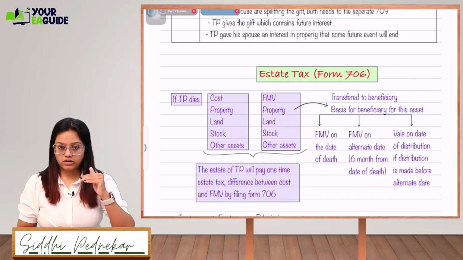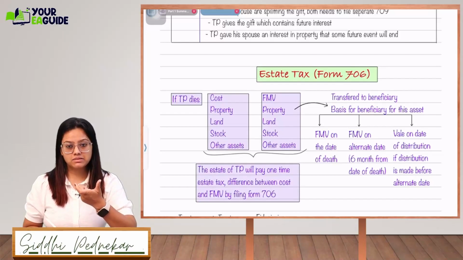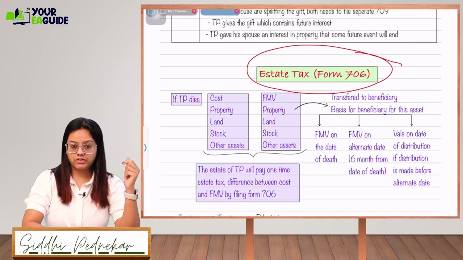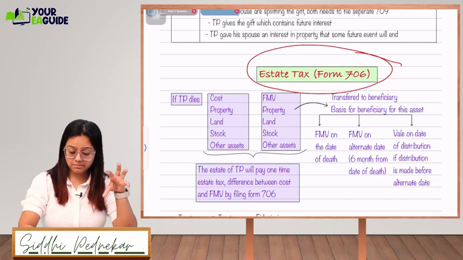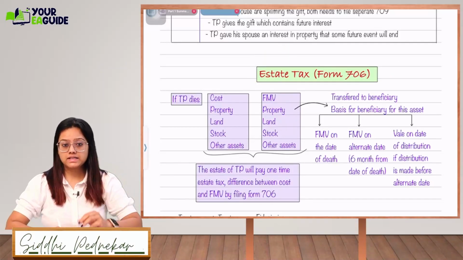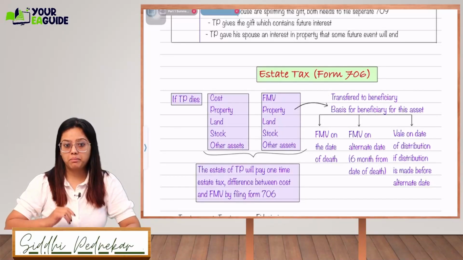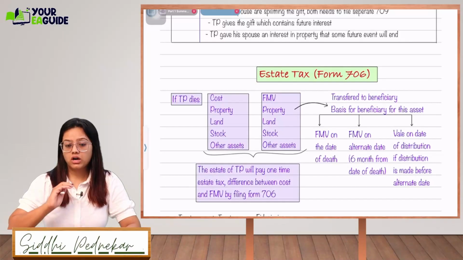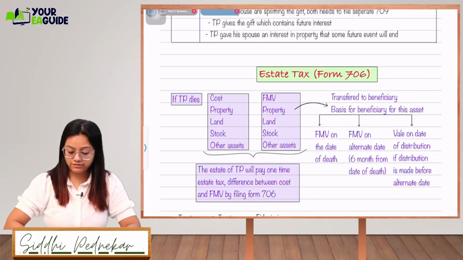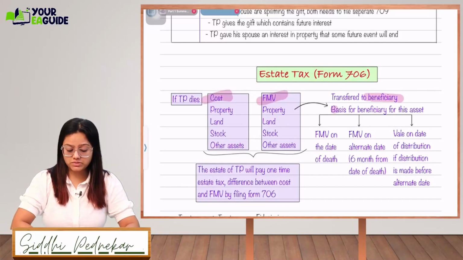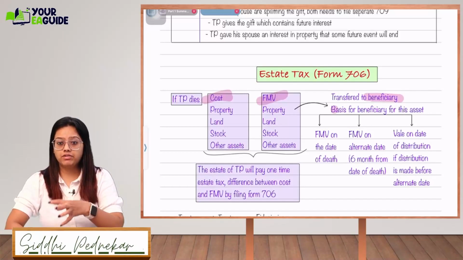At the end of your life, whatever balance is remaining in that account can be applied at the time of paying the estate tax. So the simple rule was, whatever assets the taxpayer has, when the taxpayer dies, the property, land, stock and other assets will get transferred to the beneficiaries at FMV. Even though it is valued at cost, it will be transferred to the beneficiaries at FMV.